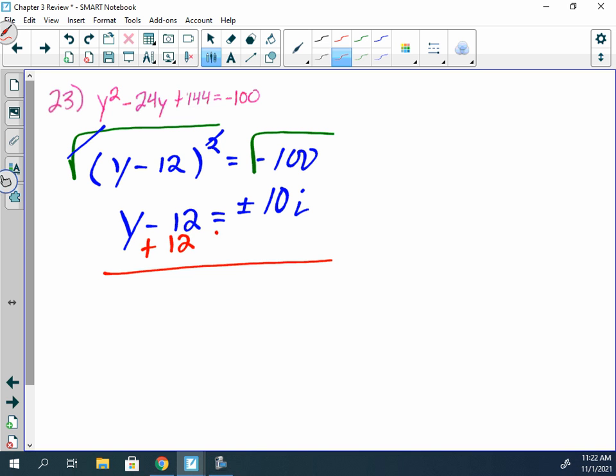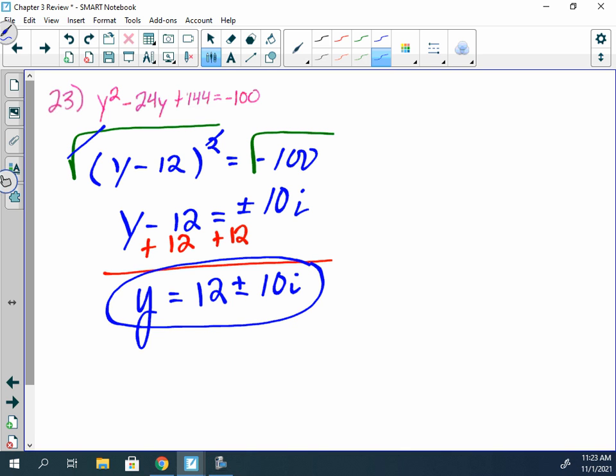Then we can add 12 to both sides, which tells us y is equal to 12 plus or minus 9. Because we could have solved it this way here. We could have moved the 100 over and used the quadratic formula and gotten the same thing. Any questions on number 23?